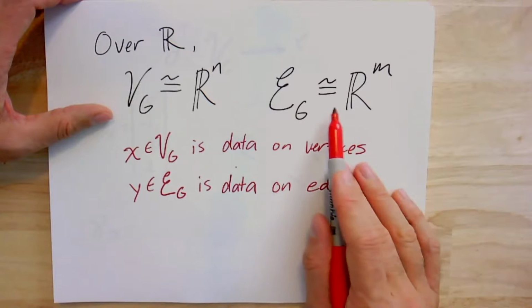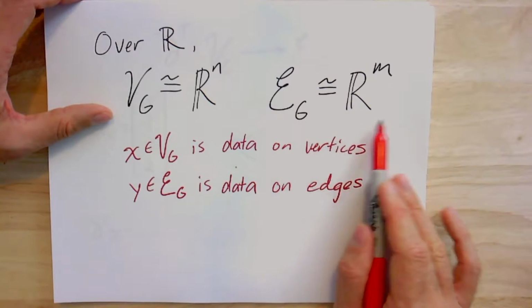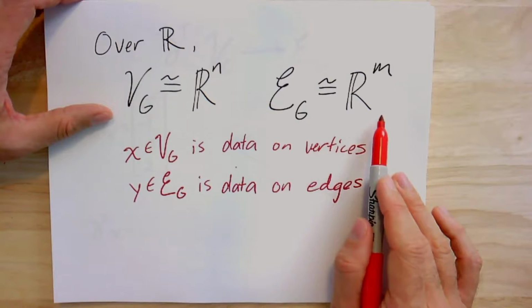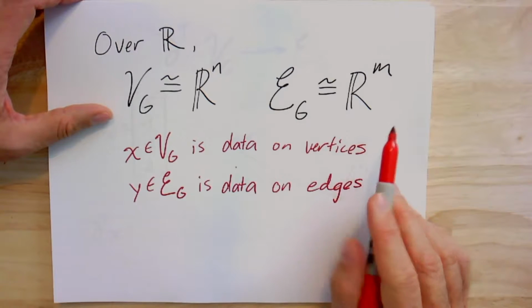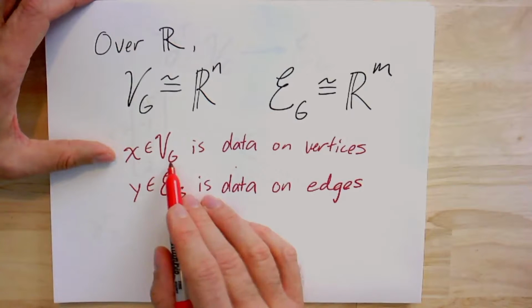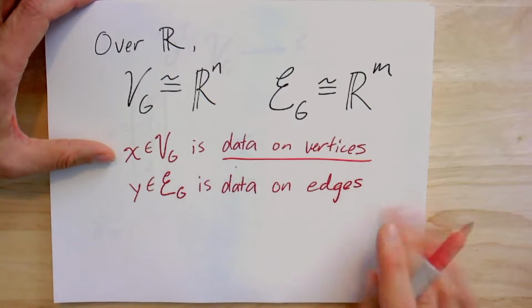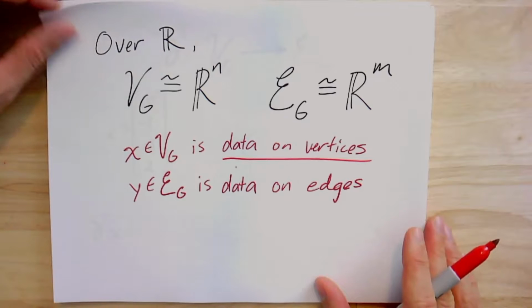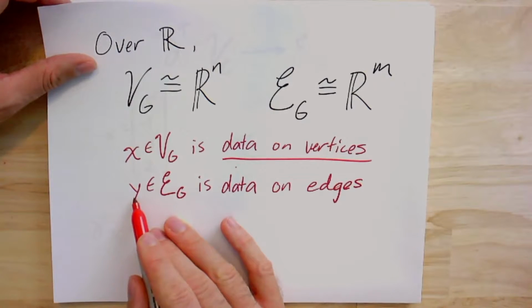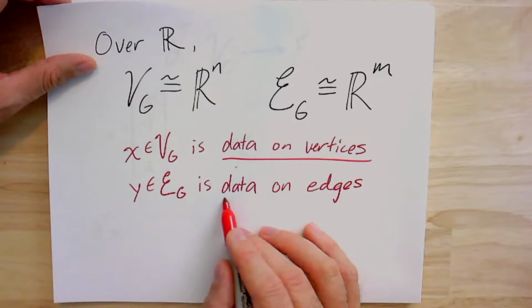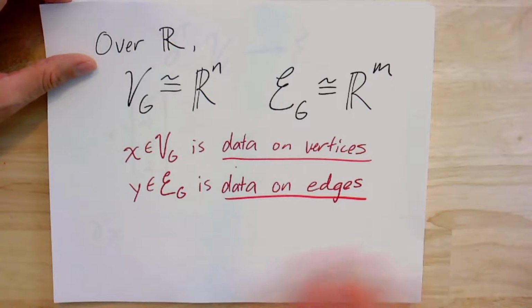And similarly, the edge space is going to be R^m, right? So I'm assigning a real number to every edge. So one way to think about this is that a vector in VG is like having data on the vertices. I've assigned a real number to every vertex. And a vector y in the edge space is like having data on the edges, right?